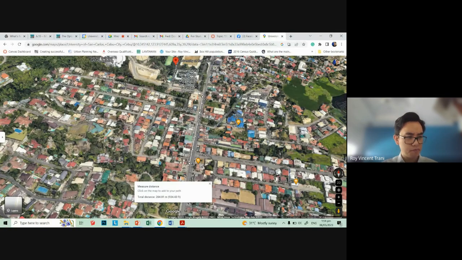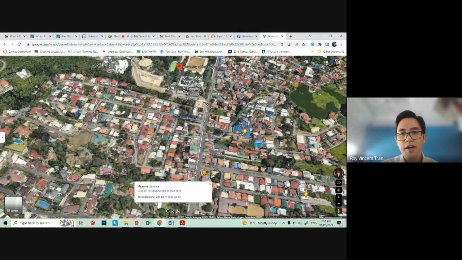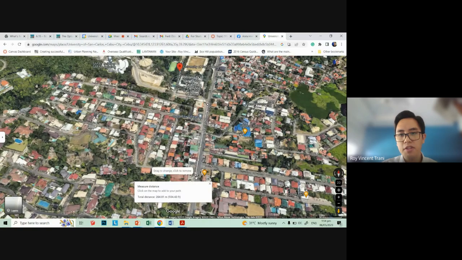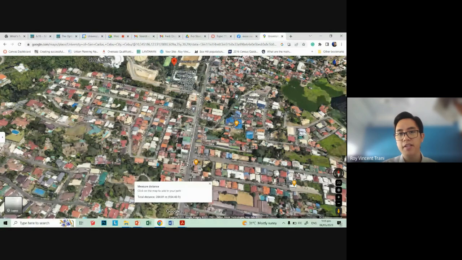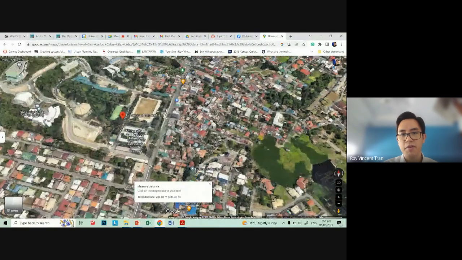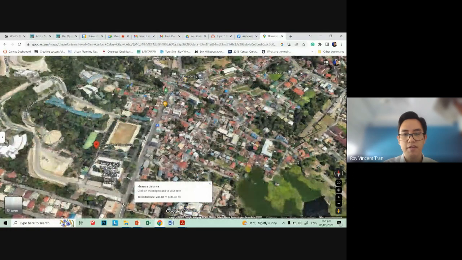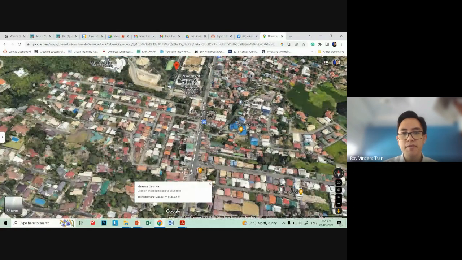And then because it's public infrastructure, the developer might argue that they don't need to be given impact fees because it's the government's job to provide the road. Another reason why they don't need to pay impact fees is the road is not only beneficial for the people in Doña Rita village over here, but it's also beneficial for everyone else, like for example, University of San Carlos, etc. This is just an example.